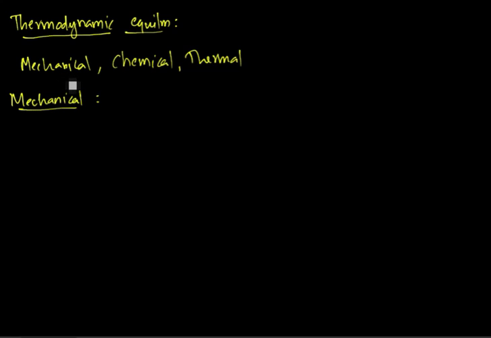So if a system is in mechanical equilibrium, there will be no unbalanced force or torque acting on any part of the system or on the system as a whole. So mechanical equilibrium is the condition in which no unbalanced force or torque is acting on any part of the system or on the system as a whole.